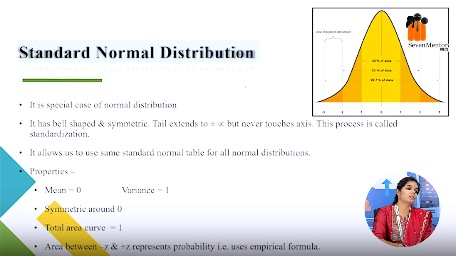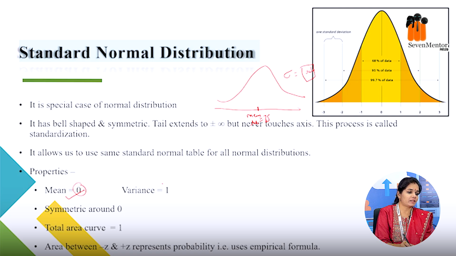Normal distribution is like this. Here your mean, or mu, is some value, and your standard deviation will also have some value. But in the standard normal distribution, the mean is 0 and the standard deviation is 1.